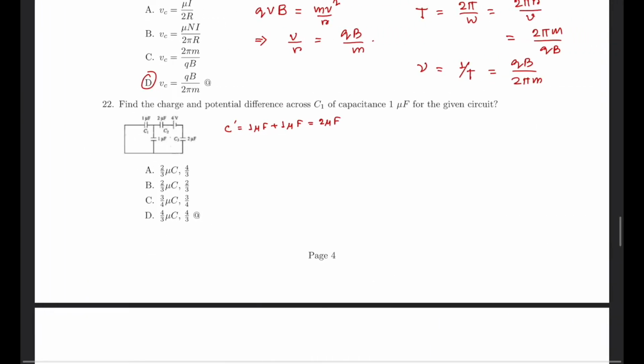So the equivalent circuit becomes 2, this is 2, and this is also 2. This is 4 volt, this is 2 microfarad, 2 microfarad, 2 microfarad.